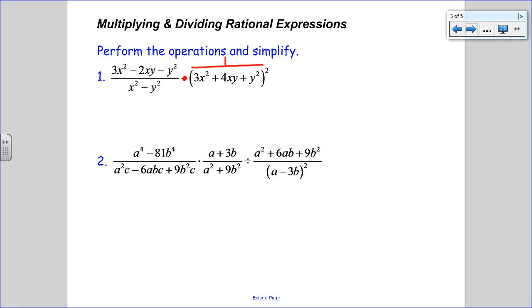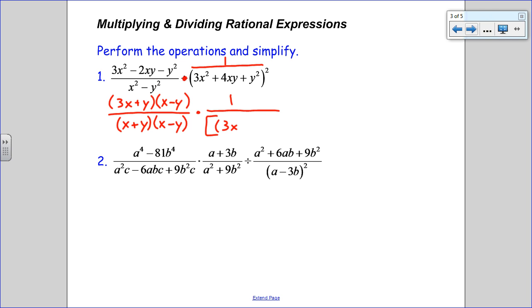Now let's write all of our polynomials in factored form. Note that by the law of exponents, raising a product to a power, we can identify two binomials that are both being squared in the denominator of our second expression.